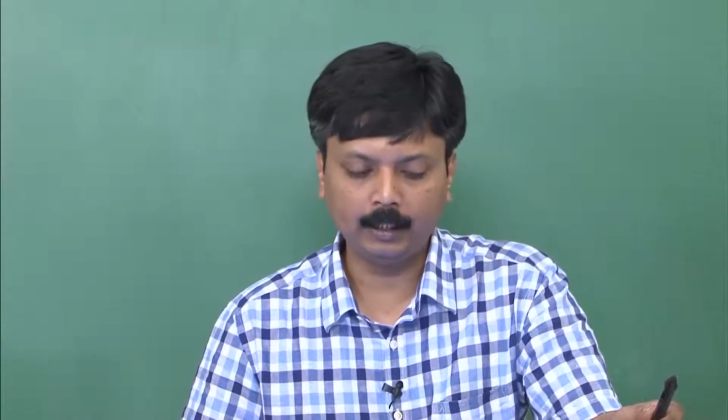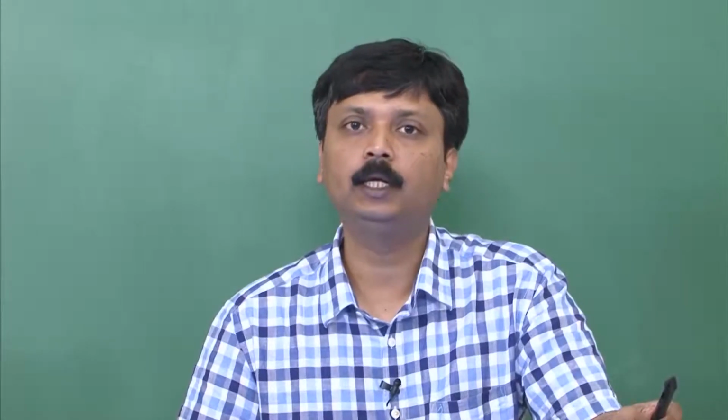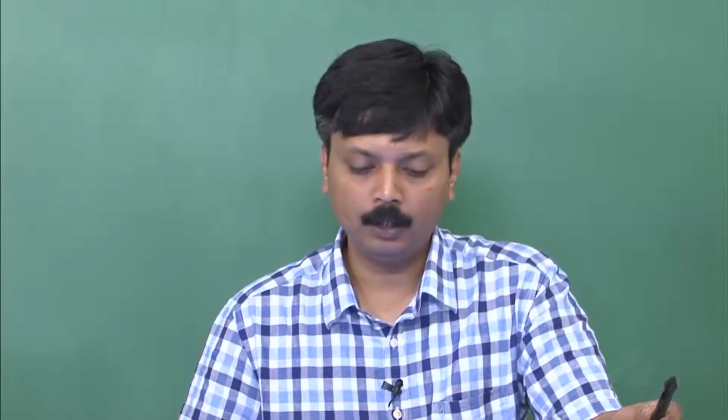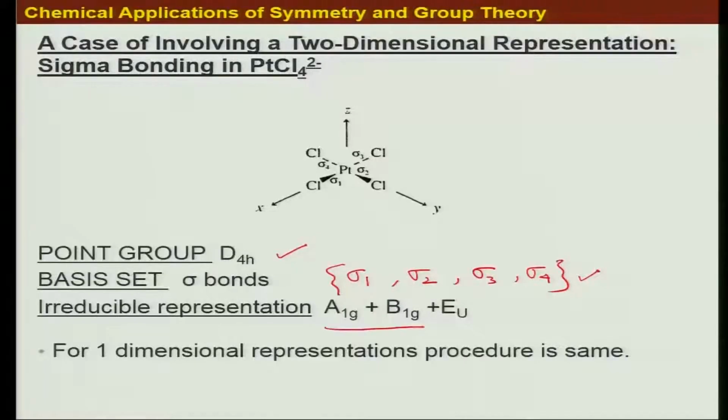Utilizing the formula that we use to reduce a reducible representation into the irreducible ones, you get the irreducible representations. If you do that, you will find that the reducible representation that you form out of this basis set will give you A1g, B1g and Eu as the irreducible representations.